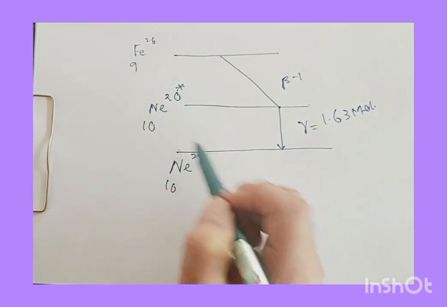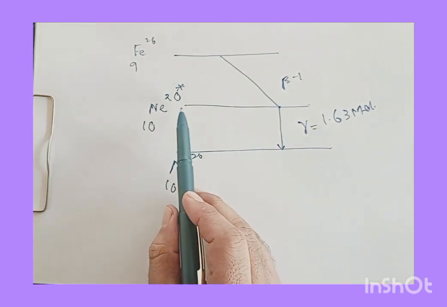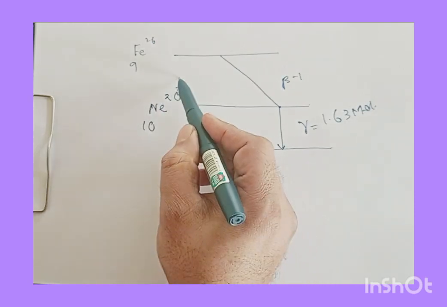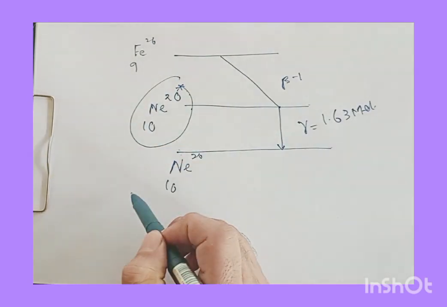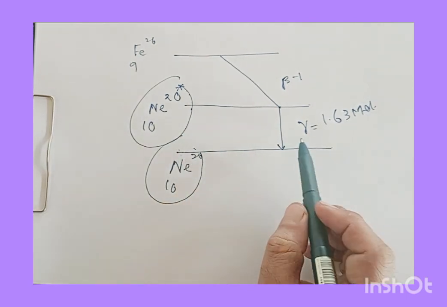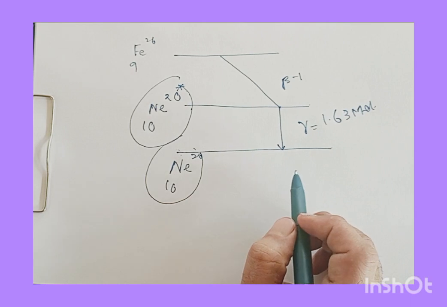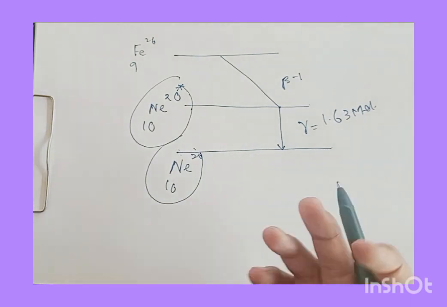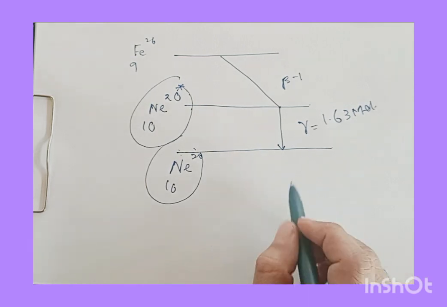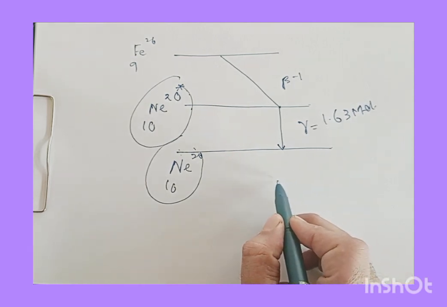So with this illustration, we can understand that we have a daughter nucleus in an excited state, and it tends to go to the ground state. While going to the ground state, we have gamma ray particles emitted. There is another example of cobalt.